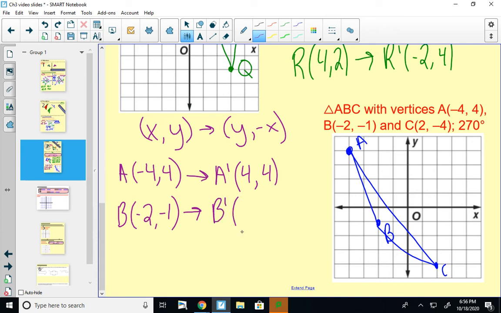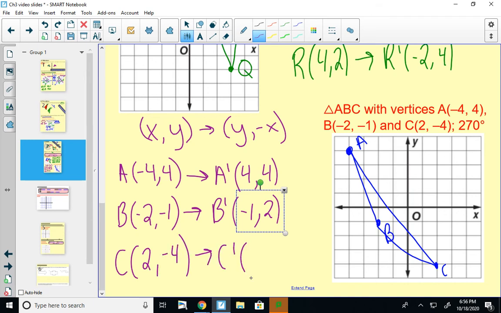B prime would be at (-1, 2). C starts at (2, -4). C prime would be at (-4, -2).